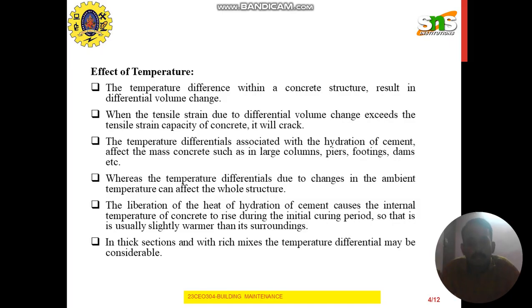So in this case, the tensile strain experienced by the concrete due to differential volume change exceeds the tensile capacity of the binding media of the concrete, that is the cement paste. So if the tensile strain developed due to this differential volume change exceeds the actual tensile strain capacity, it will lead to cracks in concrete.